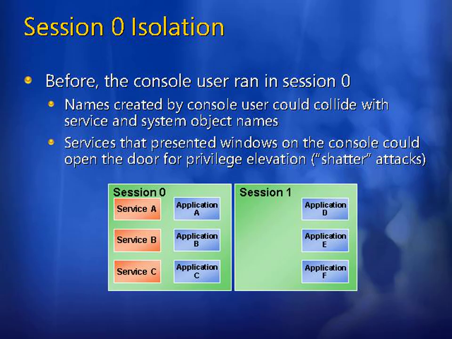And because most of us ran as admin, that did cause potential namespace collisions. Also, services that, although they shouldn't have, presented Windows on the console could open the door to elevation attacks because the console user may not be someone that should be talking to that service process.